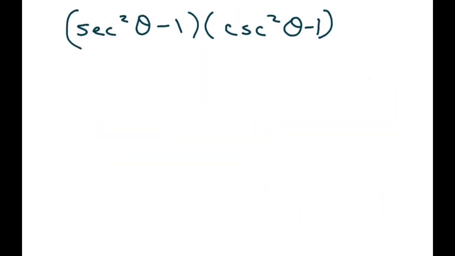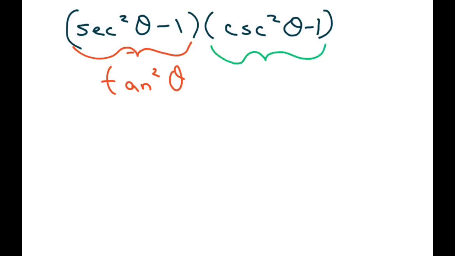And the next one is this one. I'm going to go ahead and simplify here. We know from the previous video that secant squared minus 1 is tan squared of theta. So that was this piece. And this piece from the previous slide, we know that this is going to be cotan squared of theta.